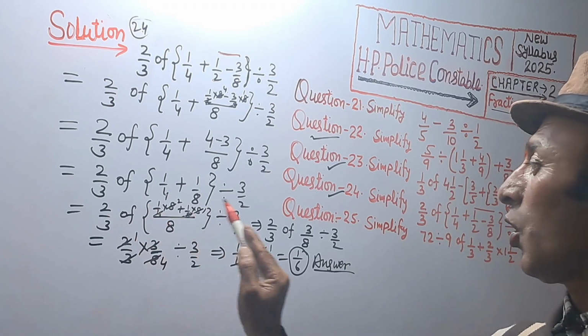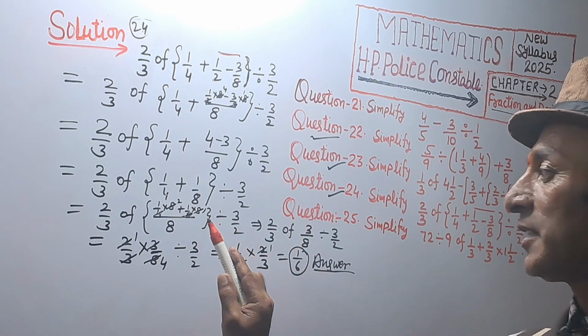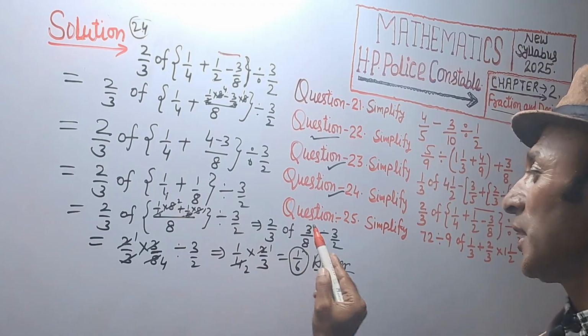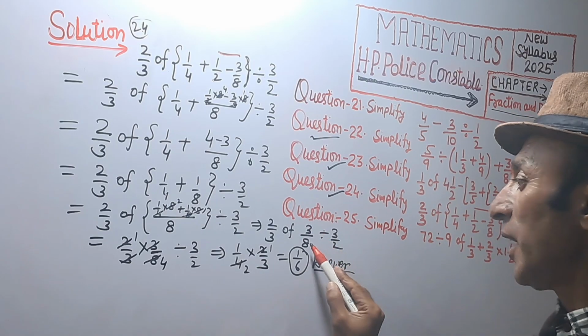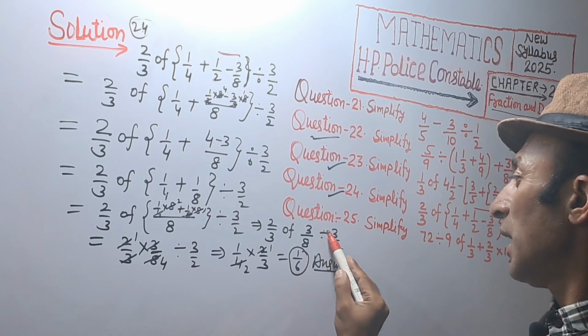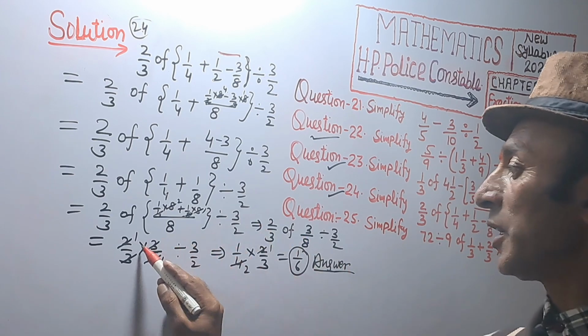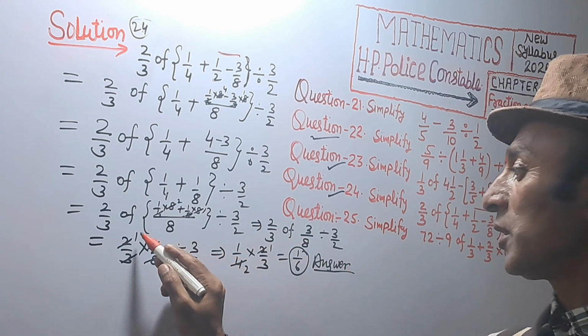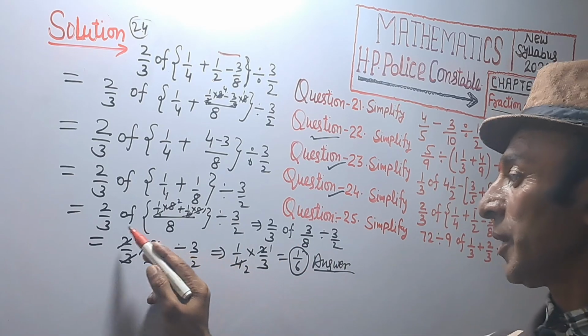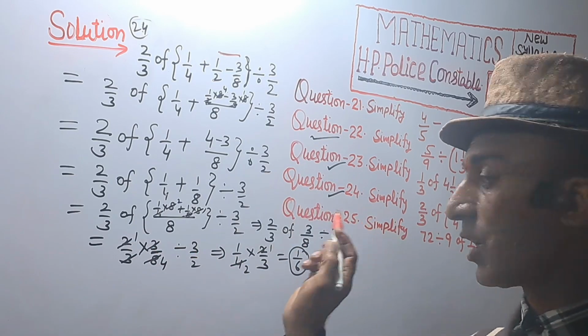2 upon 3 of as it is, and 2 plus 1, that is equal to 3. 3 divided by 8, and divide sign 3 upon 2. Of means multiply, and 2 upon 3 multiply by 3 upon 8 first and divide last.